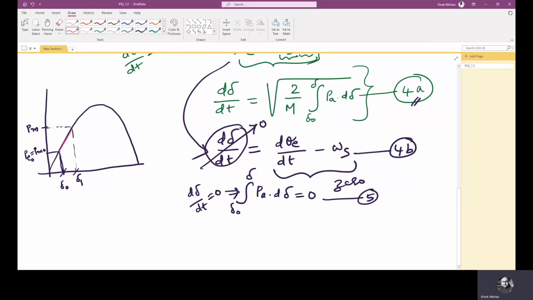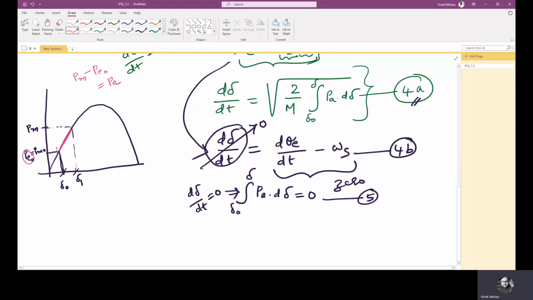This is the accelerating area, because at present Pm0 has increased to Pm, but Pe is still Pe0. So there is accelerating power, Pm minus Pe0 equals Pa.